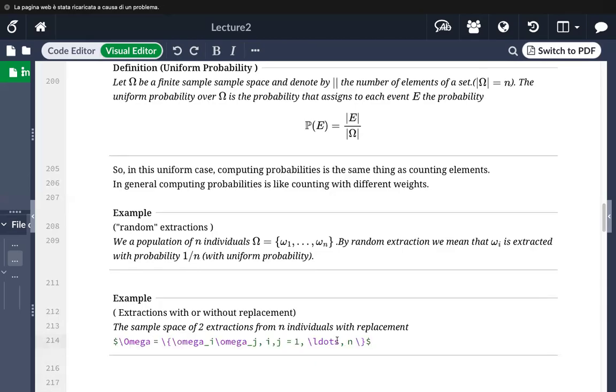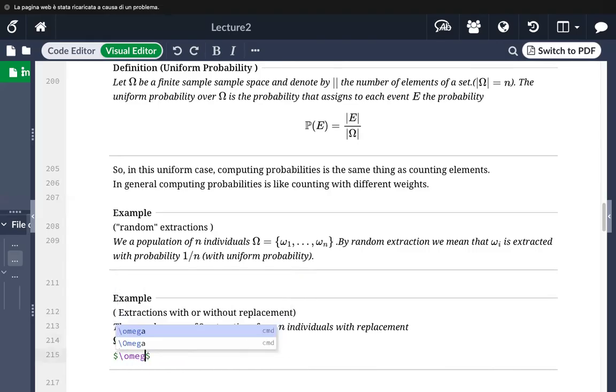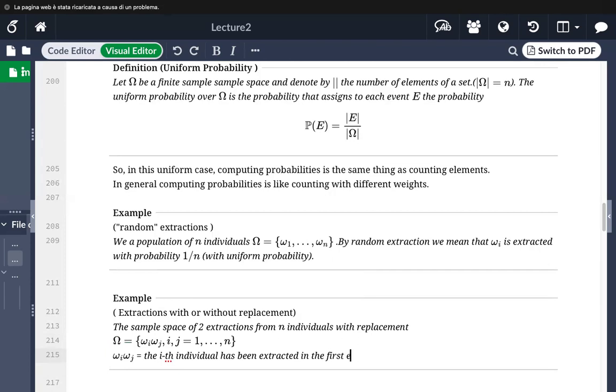And omega i, omega j means that the i-th individual has been extracted in the first extraction, and omega j in the second one.